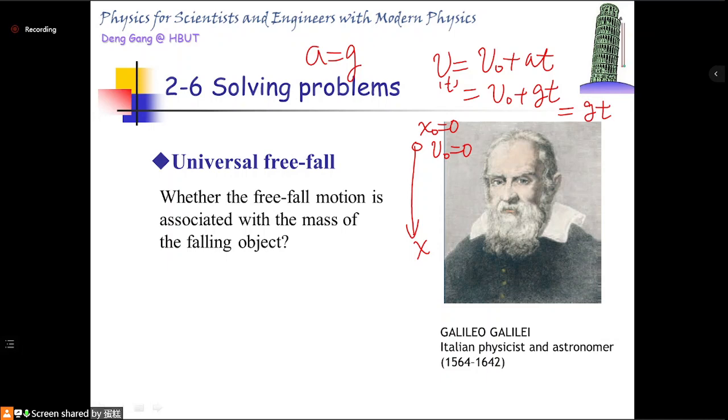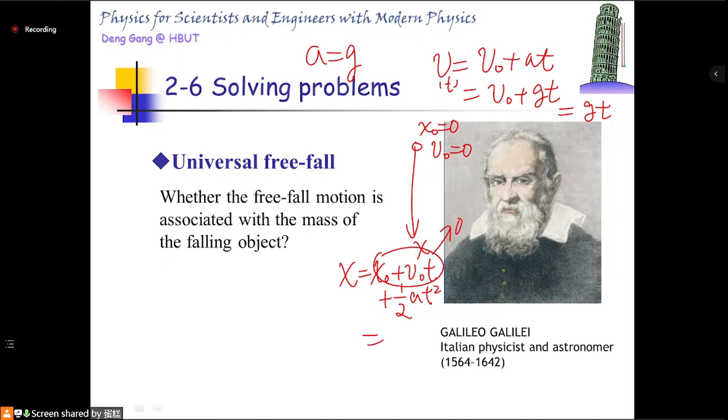The speed is not affected by mass. And also the displacement, x is equal to x0 plus v0t plus half at squared. And x0 is 0, v0 is 0, so those parts are 0.